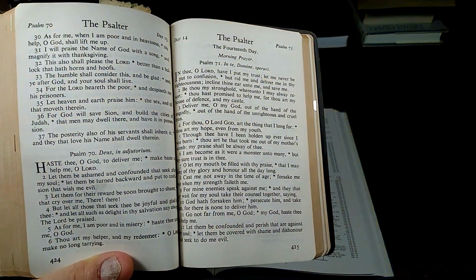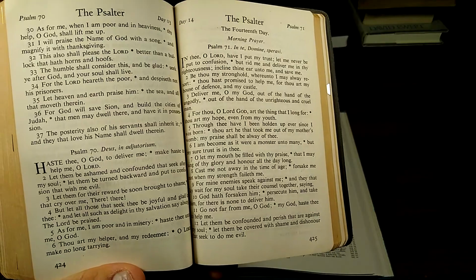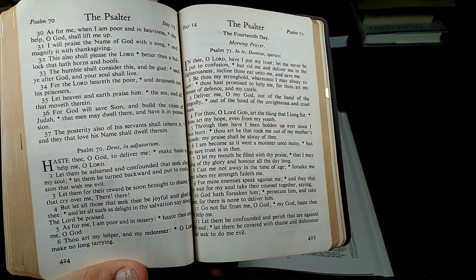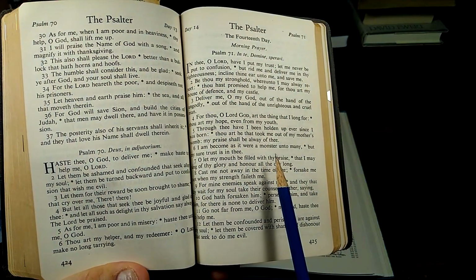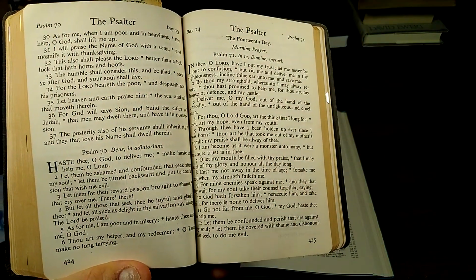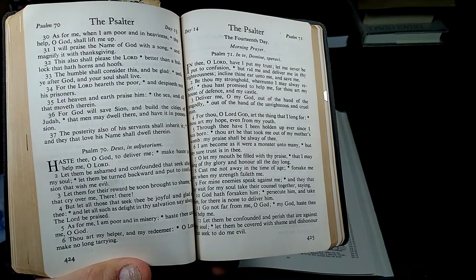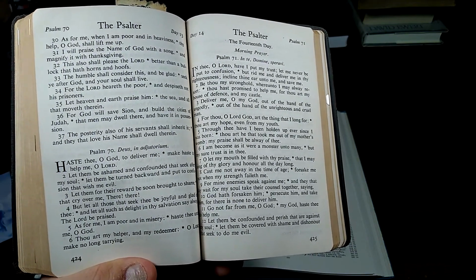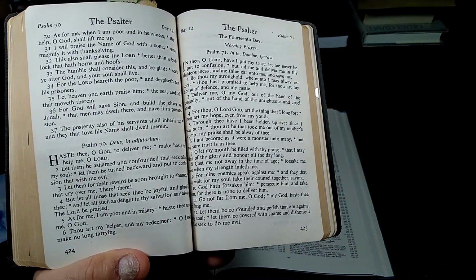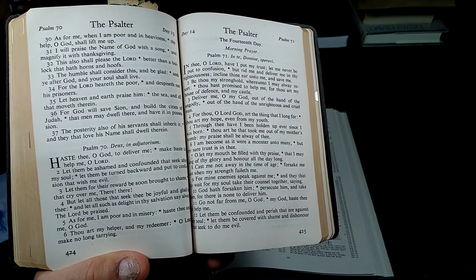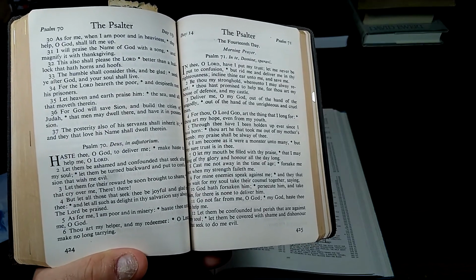Pretty simple. As an aside, this is an interesting verse, especially in the Coverdale Psalter, which is what we're looking at. Monster is a very different translation than we get from, for example, the King James. In the King James, and I'm trying to read it from another spot on my desk here, it says, "I am a wonder unto many, but thou art my strong refuge," which is verse 7 in the King James.